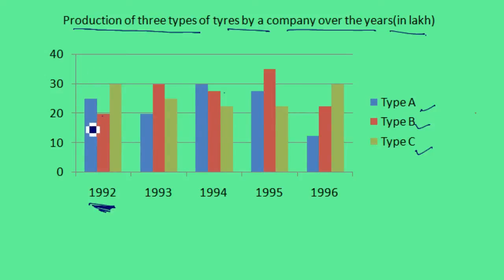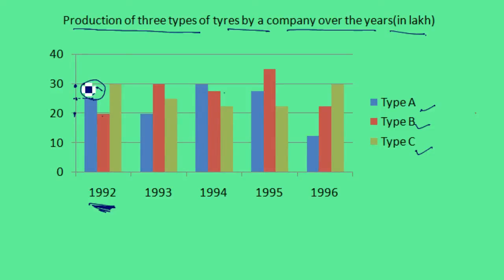The production of type A is not given here. We will approximately try to figure it out. You can see this blue part is almost in the middle of 20 and 30, so approximately we can write it 25.